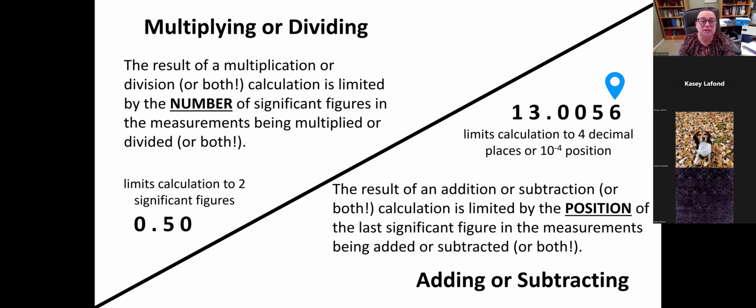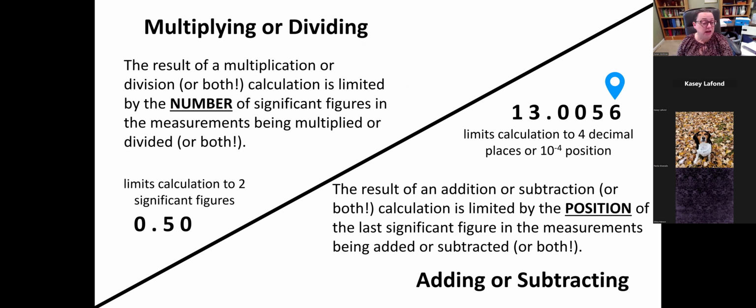So in the case of multiplying and dividing, we're going to look at the number of significant figures in every number that we used in that multiplication or division process. We're going to figure out which one has the smallest number, and then we're going to look at our final answer that our calculator gives us from all that multiplying and dividing, and round it to however many significant figures we have for that multiplying and dividing.